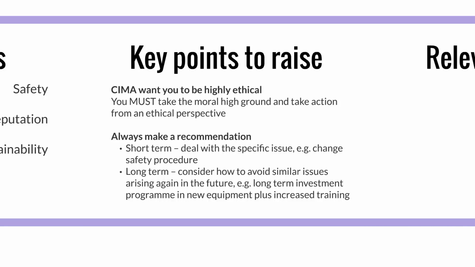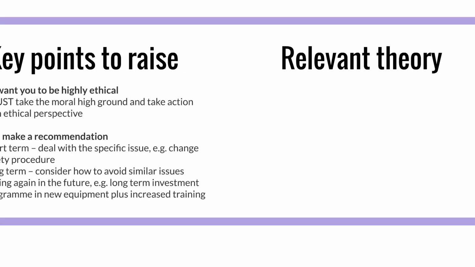Well, perhaps it's more investment that's needed, more training, more equipment to stop these sorts of issues from ever arising again. So we're dealing with the specific issue in the short term, but we're also thinking to the future. We're also thinking about our obligations to our stakeholders to make sure it never happens again in the future.